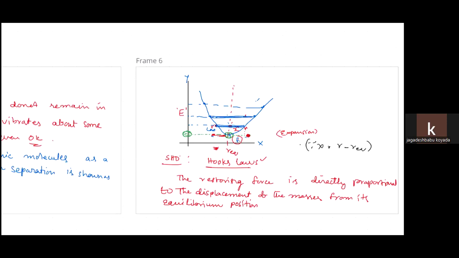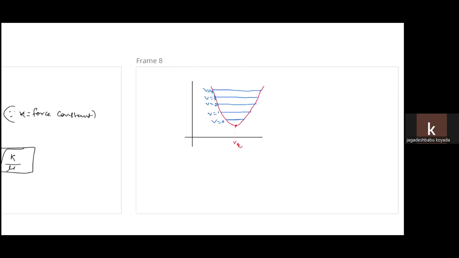So the vibrational frequencies are increasing by increasing the energy. These energy levels are shown by V, the vibrational quantum number: V is equal to 0, 1, 2, 3, 4, and so on.